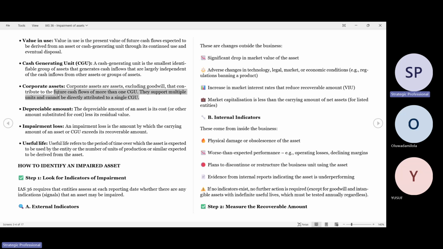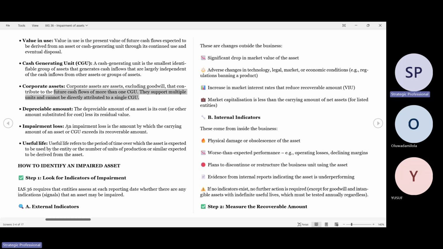That is, if you bought an asset from a vendor for $50 million, and you estimated that at the end of the useful life the scrap value of that asset will be $10 million, the difference between the $50 million, the amount you used to acquire that asset, and the $10 million you estimated you would get from it, which is the scrap value, is your depreciable amount. Cost minus scrap value is depreciable amount.